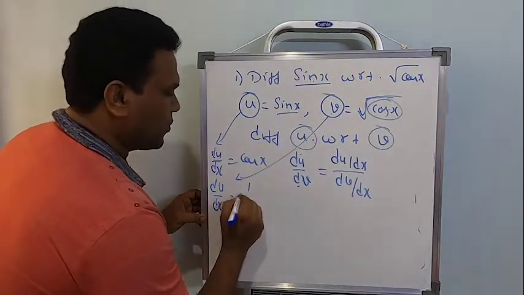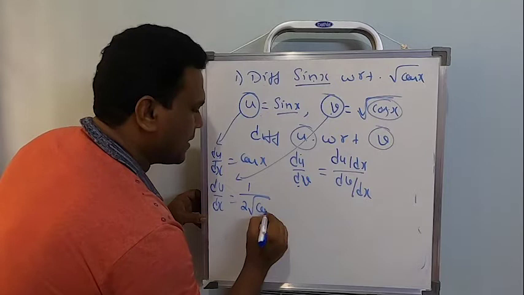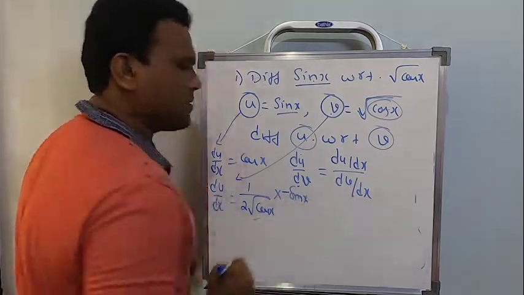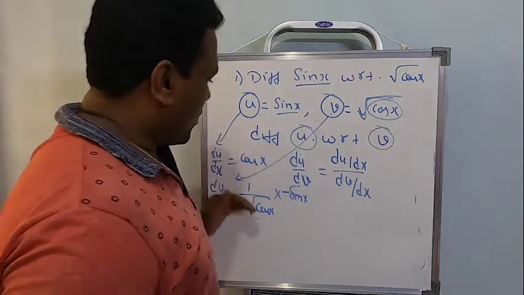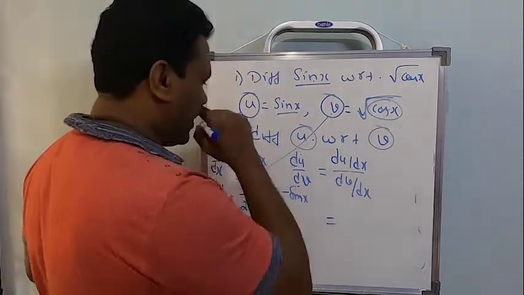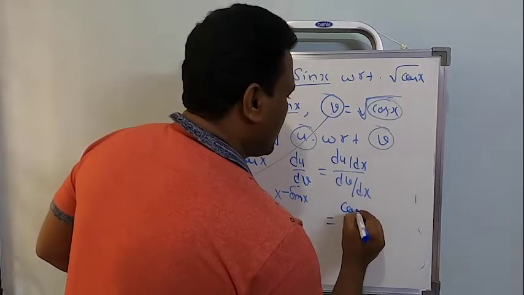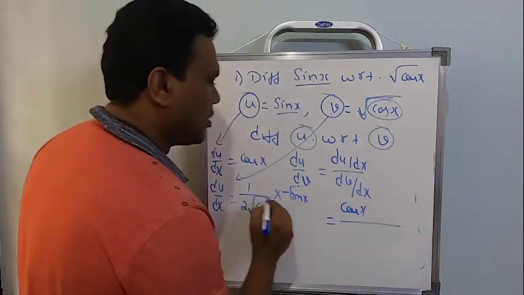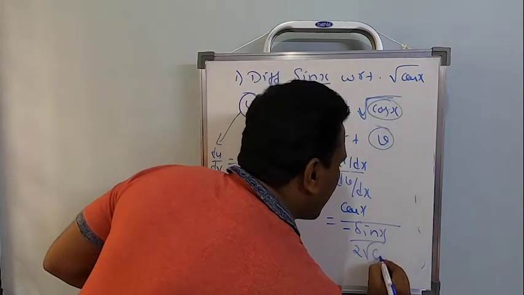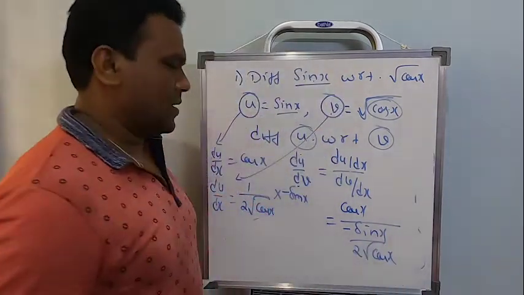So differentiation of root is 1 by 2 root x multiplied by differentiation of cos, which will be minus sin x. So what we got here should be replaced here. So du by dv will be, now du by dx is cos x, and in the denominator minus sin x by 2 root of cos x.